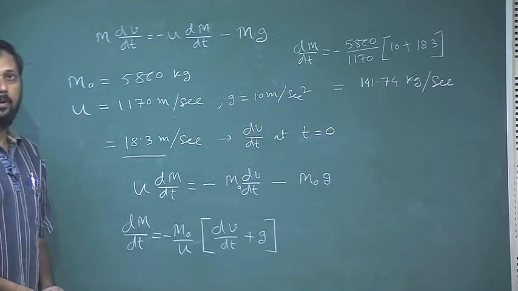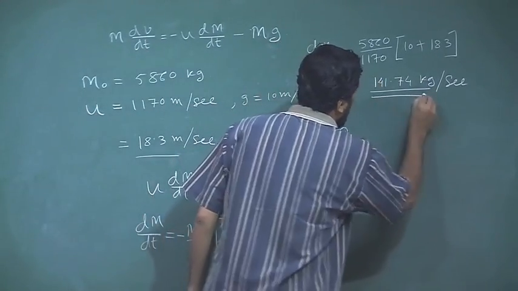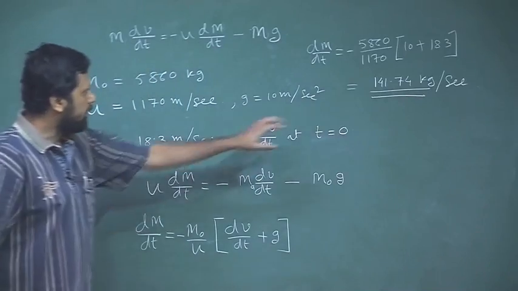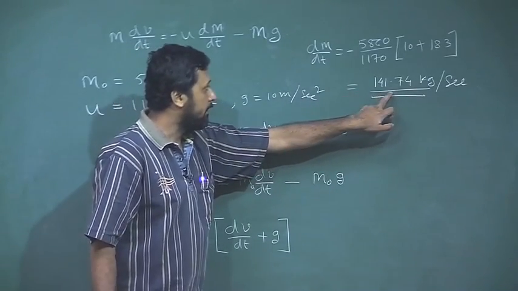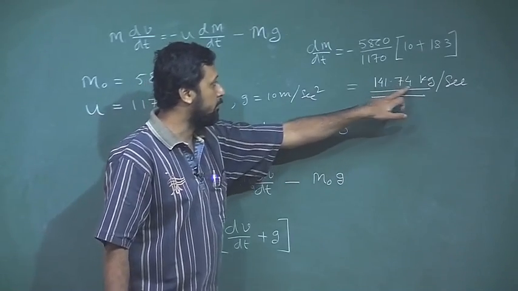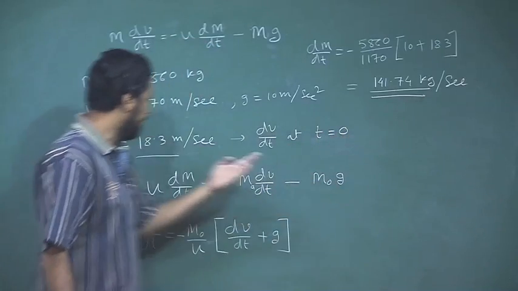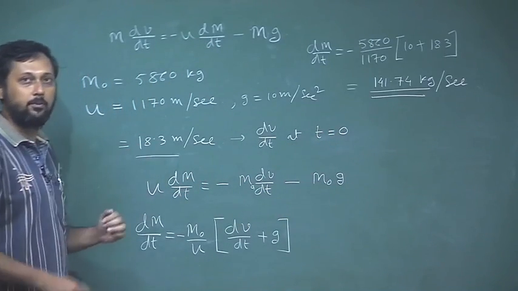Okay. So, this is the final answer we are looking for, and if we have the initial exhaust rate to be 141.7 kg per second, then the rocket will lift off with an initial acceleration of 18.3 meters per second square.